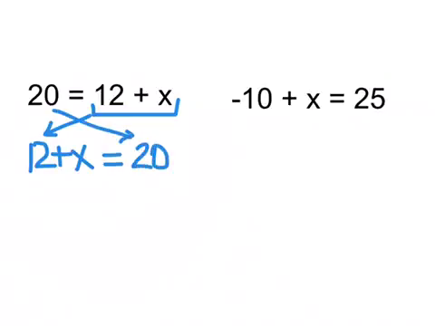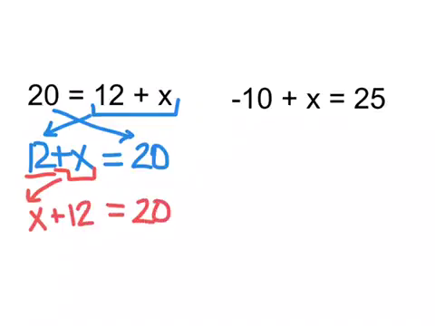They are still equal. Now, I also notice here that my x is in the middle, so I want to move my x, which is positive, to here, and my 12, which is also positive, to here, equals 20.